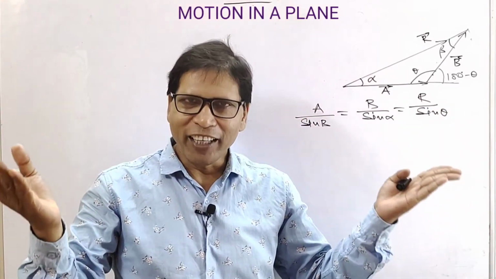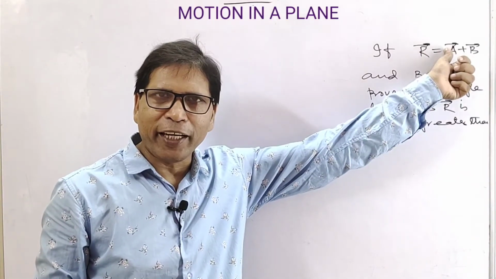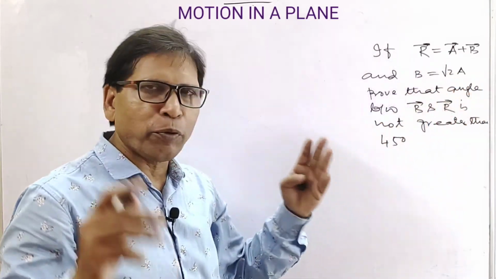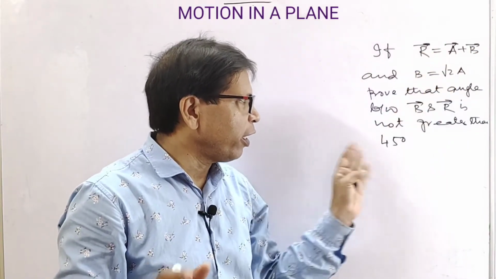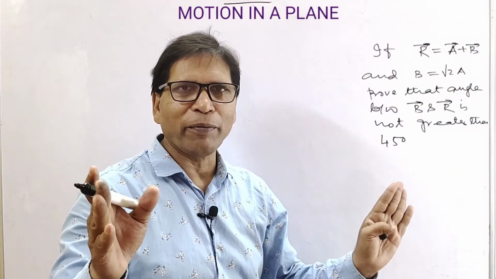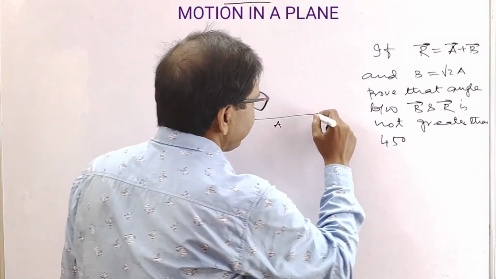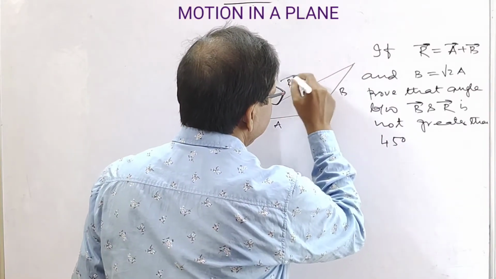Okay. Now a numerical. Look at this. If R vector equals A vector plus B vector and B equals √2 A, we have to prove that the angle between B vector and R vector is not more than 45 degree. Now look at this. Suppose this is the A vector, this is the B vector, and this is the resultant R vector.